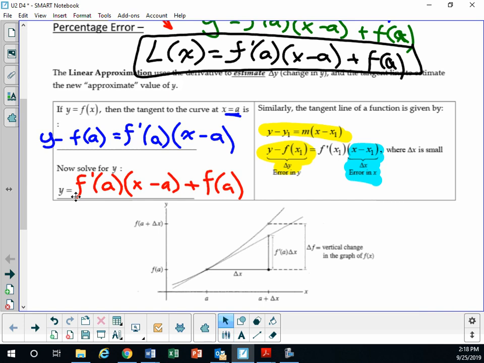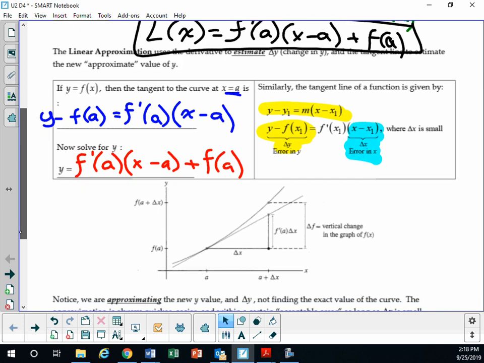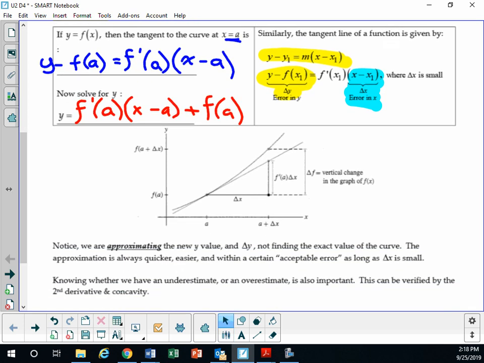There's y equals. And here's the whole point, ladies and gentlemen. If you look at my picture, here's point A. That point A is on this nice pretty curve.